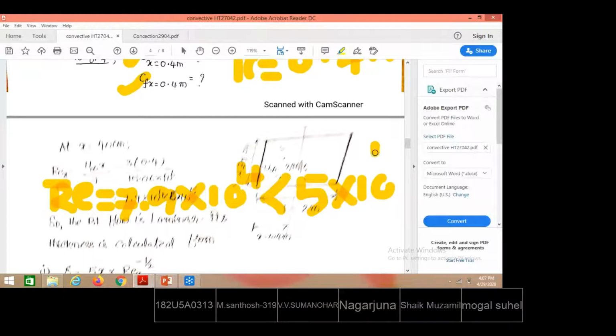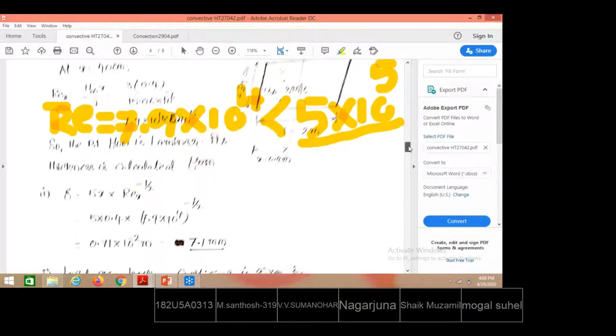Therefore, up to a length of x equal to 40 centimeters or 0.4 meters, the flow will be in the laminar region. By comparing the estimated Reynolds number at x equal to 40 centimeters, it lies in the laminar region.